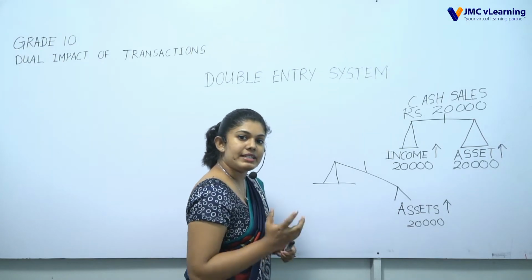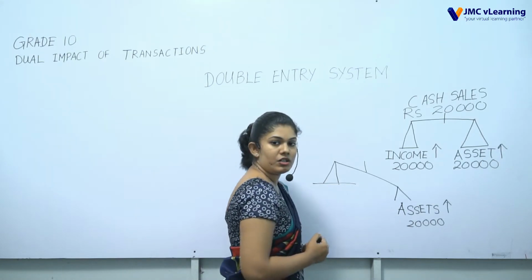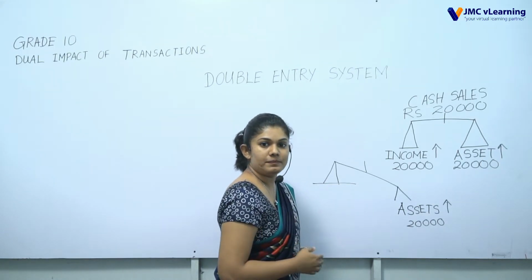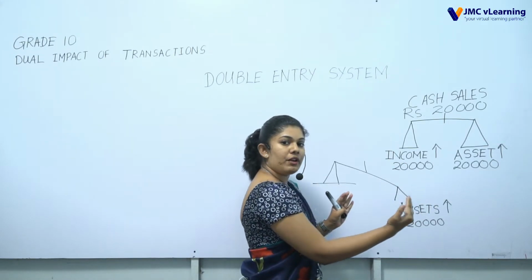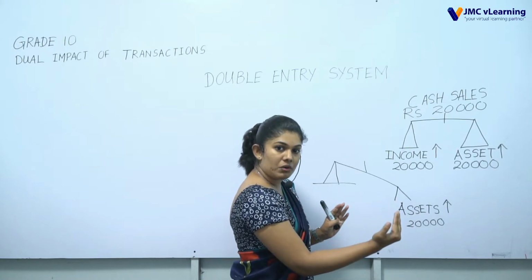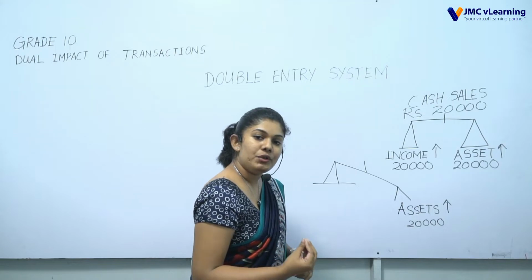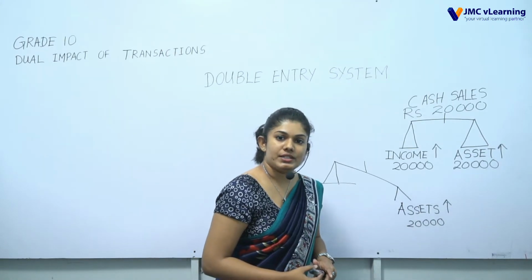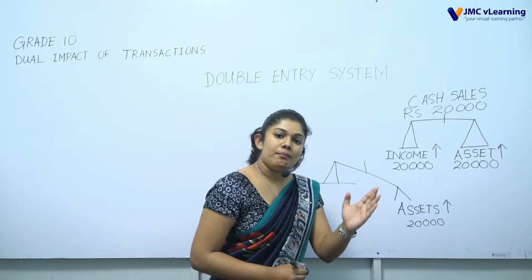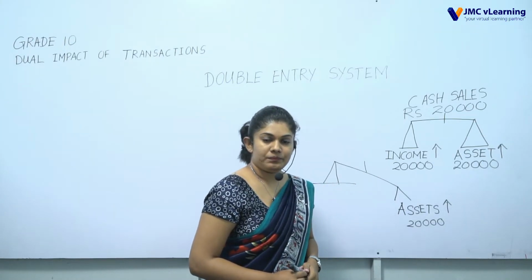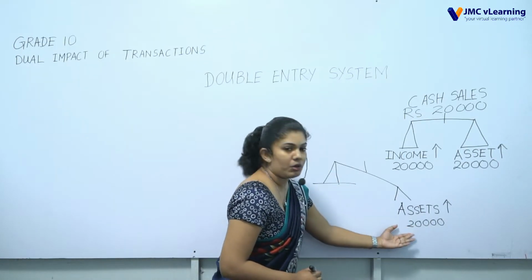In the double entry system or dual impact, the double entries should be balanced. Both impacts should be recorded in accounting records. Otherwise, you won't be able to balance your transactions. You will see only one side of the transaction but not the other side. You won't be able to recognize what generated this amount of cash.